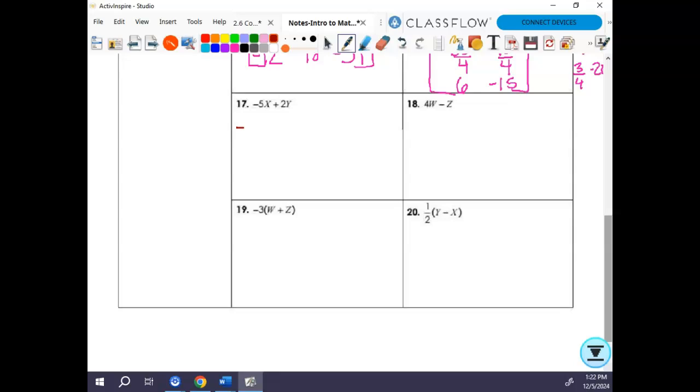Is it 120? It is 120. Yeah, got to be confident in your answers. 120, and then negative 4 times, I've lost where I am. Negative 4 times 8, that's going to be a positive what? 32.